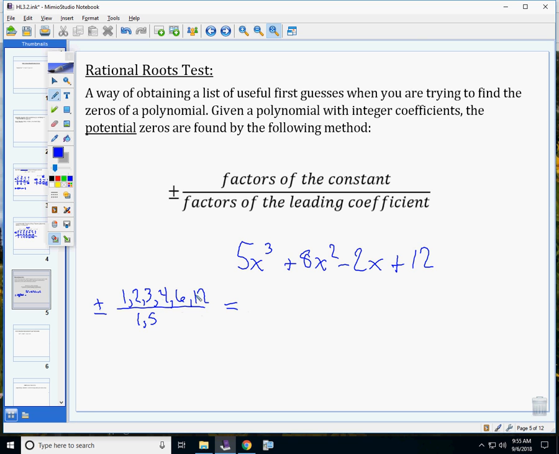So if we took all these and divided them by 1, all of them would have plus or minus, so I'm just going to write it once in the very front: plus or minus 1, 2, 3, 4, 6, and 12. And then we'd have all of these numbers divided by 5. So 1/5, 2/5, 3/5, 4/5, 6/5, and 12/5. These are all of the potential zeros for this polynomial right here.